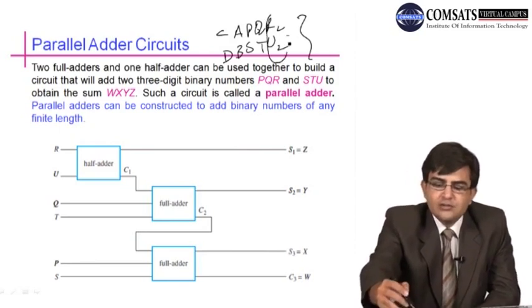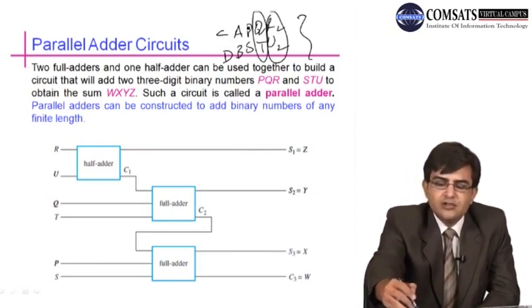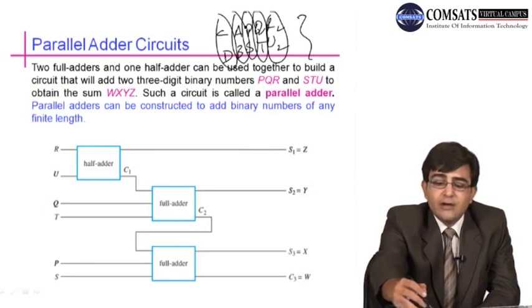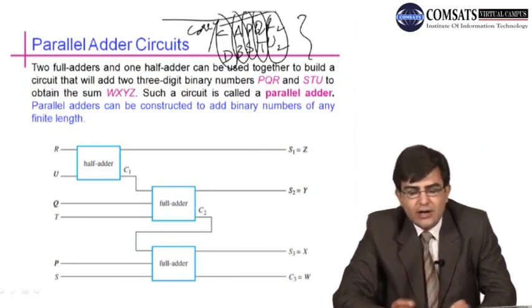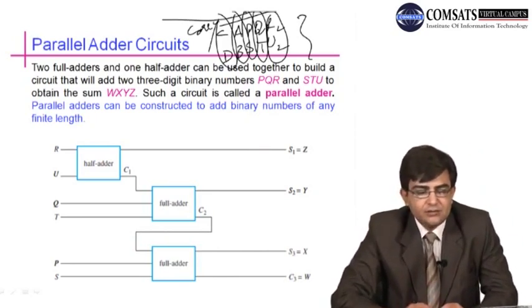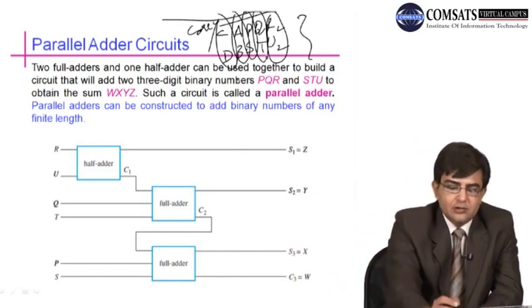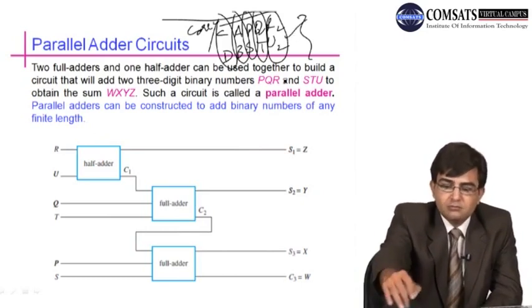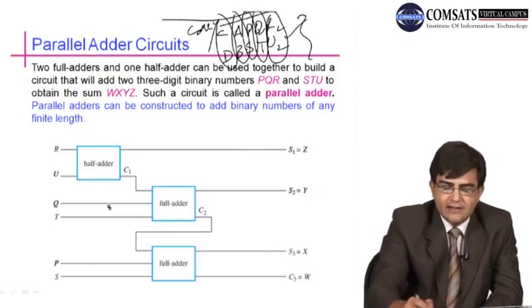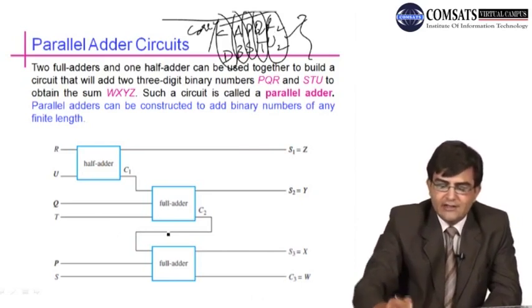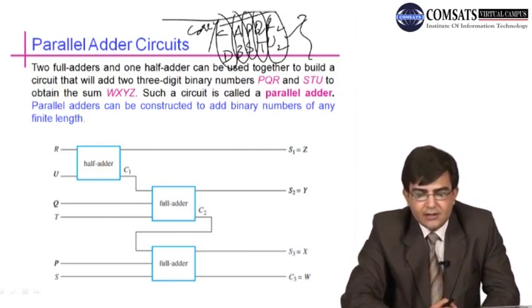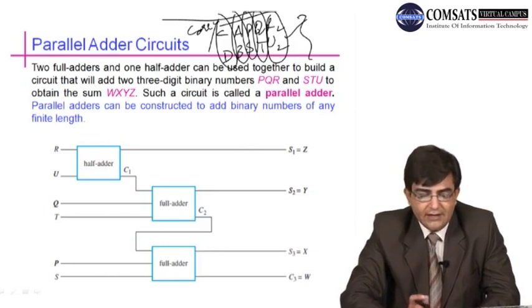For the first column we use a half adder, and for the remaining columns we use full adder circuits, because we might have a carry here. So to add up 2 binary numbers of any length we use parallel adder circuits.